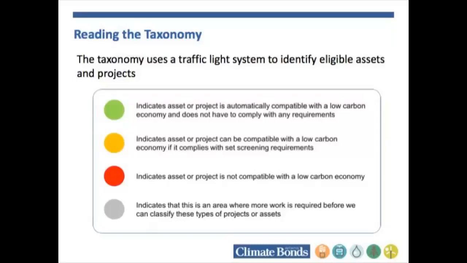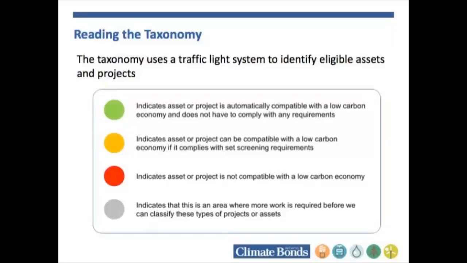But if an asset or project is marked as green, then we always recognise that it is compatible with limiting climate warming. A couple of examples of green projects would be solar power or electric vehicles.